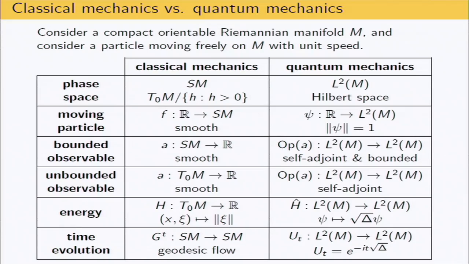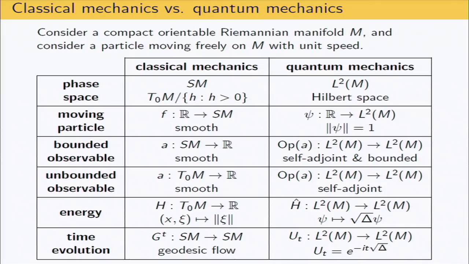And then a moving particle is no longer a moving point in phase space, but a moving wave. So you can think of a point particle as being a wave with a high peak where the particle is, and then this high peak moves around in phase space, which is now the L2 space.